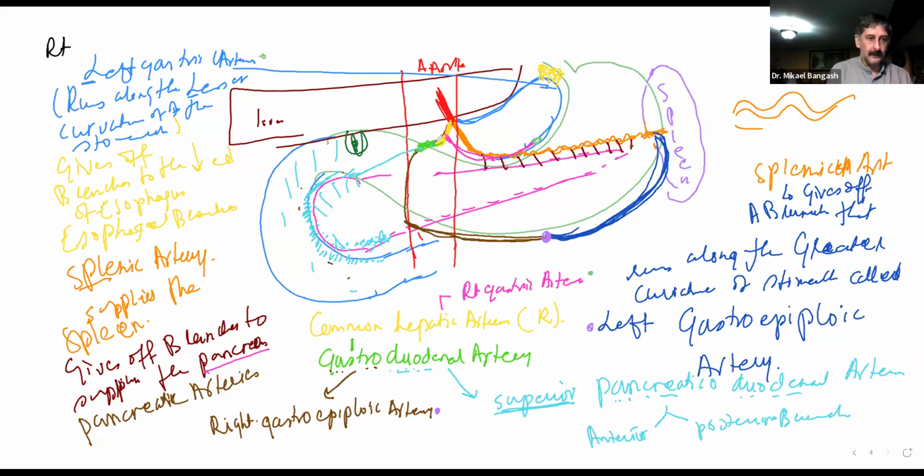Because what remains, let's choose another color. The common hepatic artery mainly is just going to continue further, and it should become what we call the hepatic artery, or actually we can call it the proper hepatic artery.